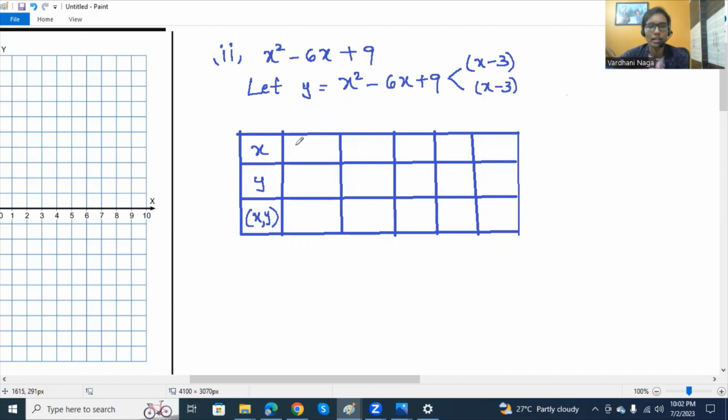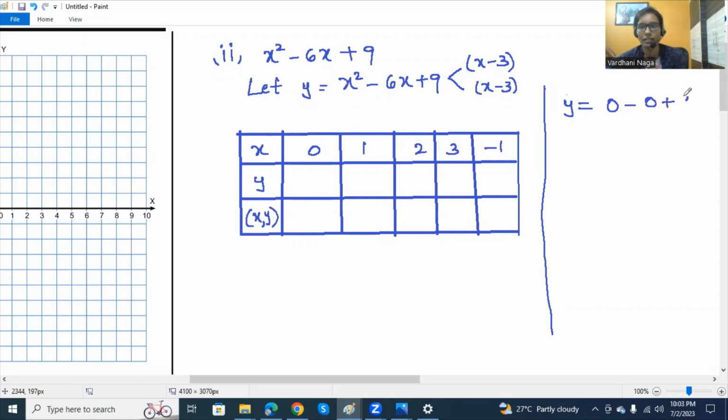So I would like to take 0, 1, 2, 3 and one negative value even, minus 1. So let's do it in our rough work. Put x value as 0. What do we get as the y value? 0 square is 0, minus 6 into 0 is 0, plus 9. So y value is 9.